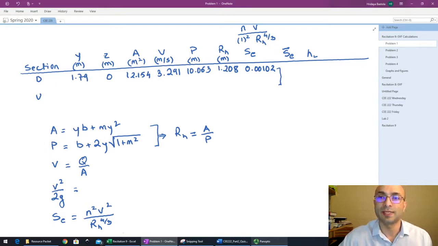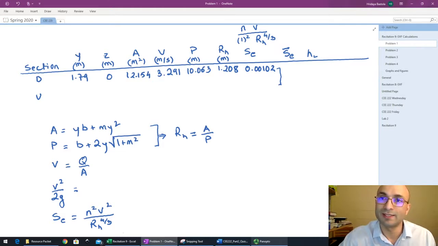And the idea with the standard step method is we'll want to pick a value of y upstream such that the energy upstream equals the energy downstream plus the head loss.